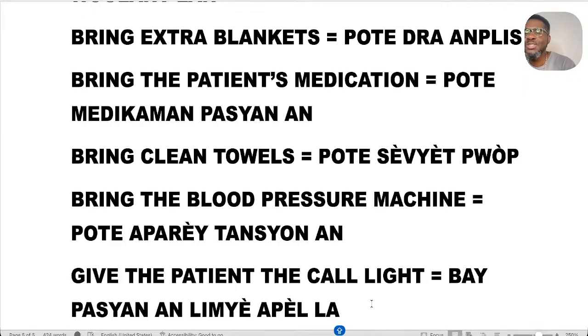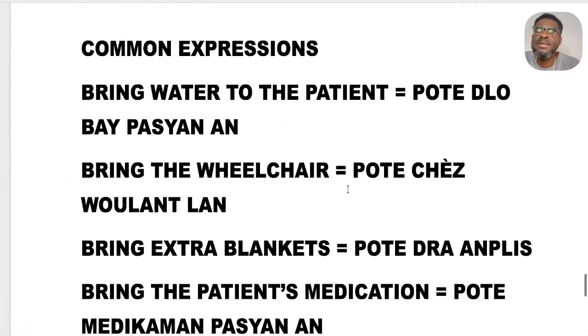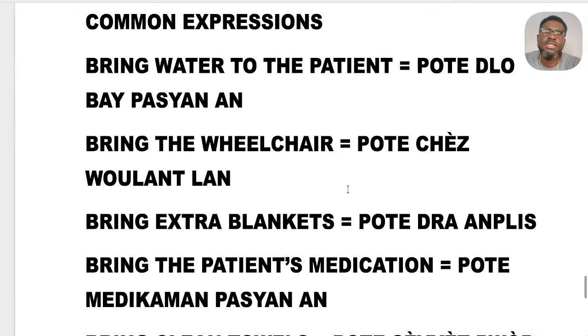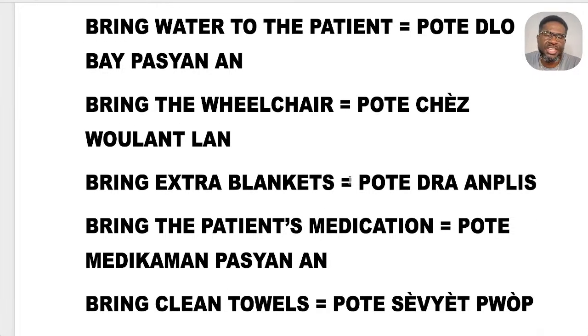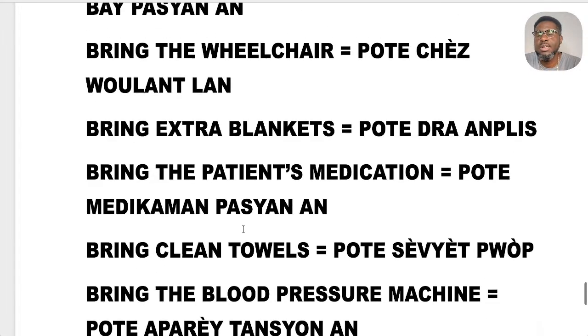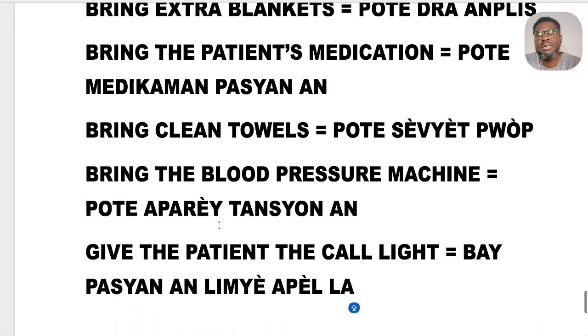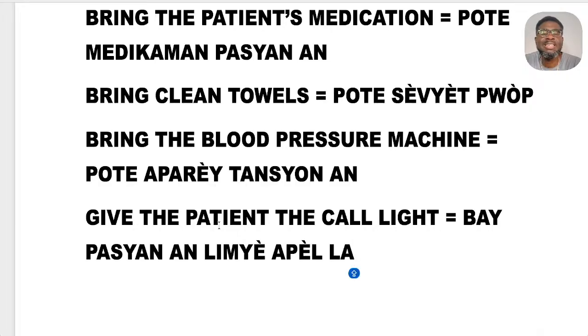All right, so we have bring water to the patient, pote de l'eau bay patient. Bring the wheelchair, pote chaise roulante lan. Bring extra blankets, pote drap en plis. Bring the patient's medication, pote médicament patient. Bring clean towels, pote serviette propre.